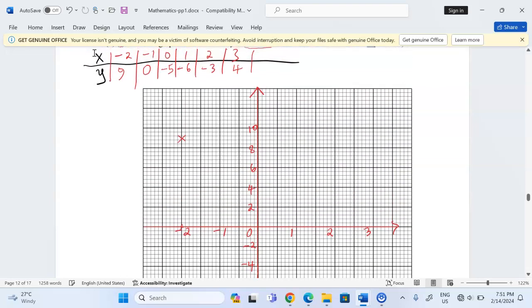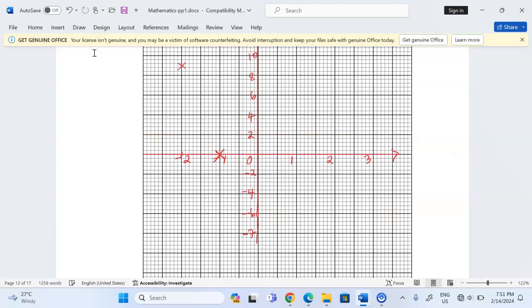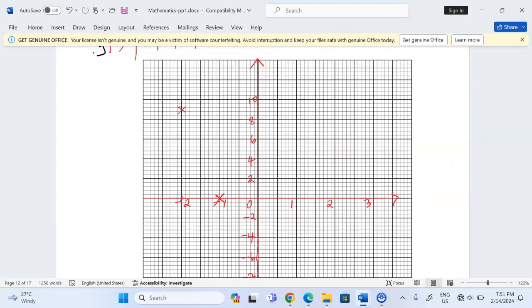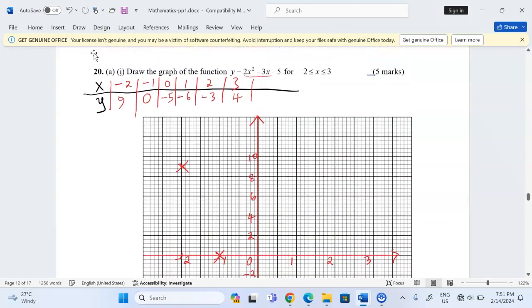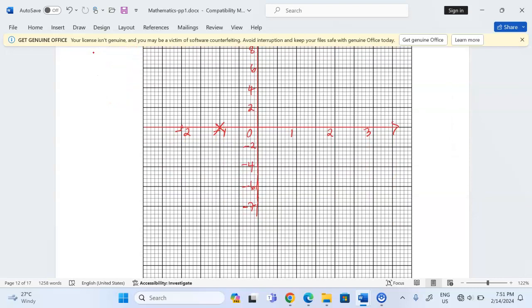The next is -1 against 0. So this is the coordinate. Remember, coordinates should be plotted such that even when the graph has gone through them, they are still visible. 0, -5 is a value at this point.